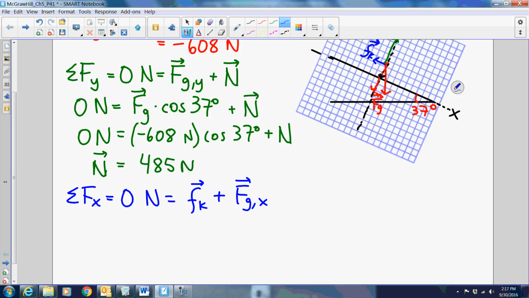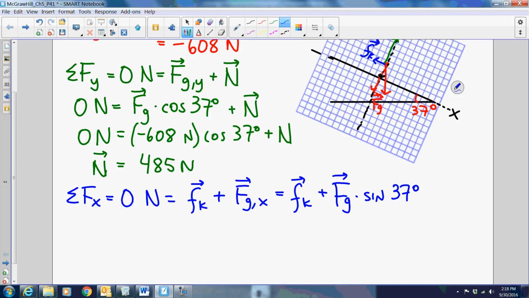So here we have, again, using some trig, right? So I'm saying I know the hypotenuse, and I can use the sine of my 37-degree angle to get the opposite side.